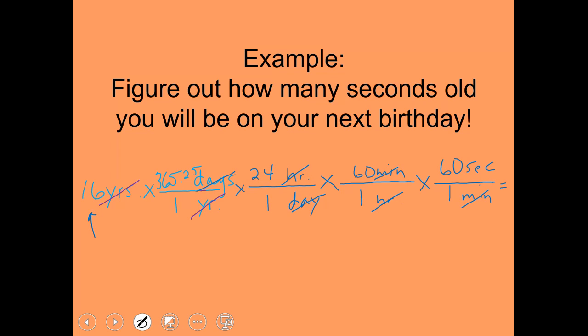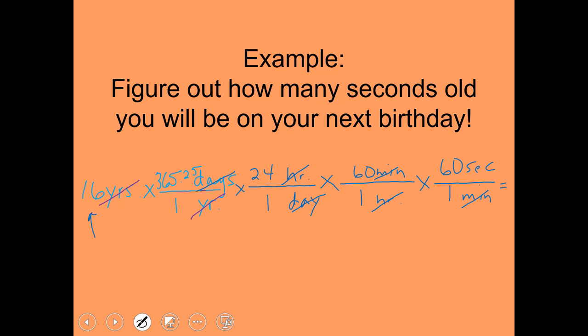But if you happen to be turning 16 on your next birthday and you complete this, do you think you're a billion seconds? A trillion? How old do you think you are? Take 16, multiply by 365.25.